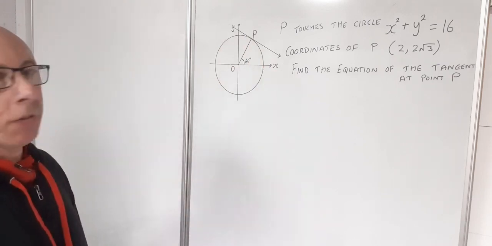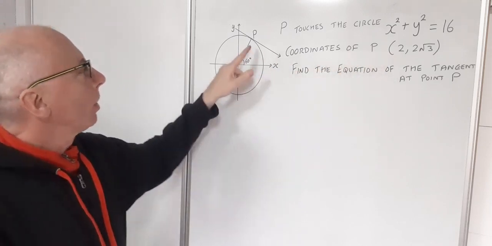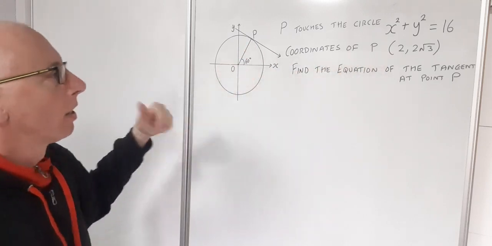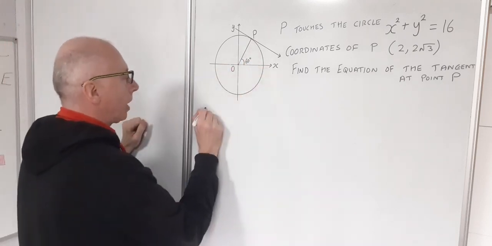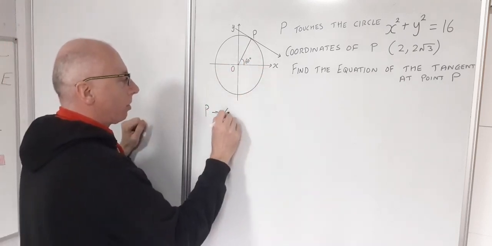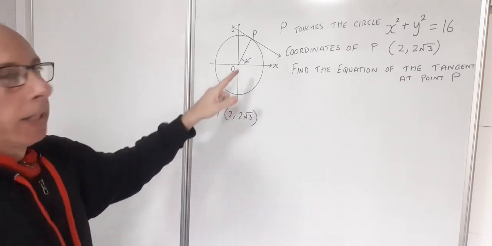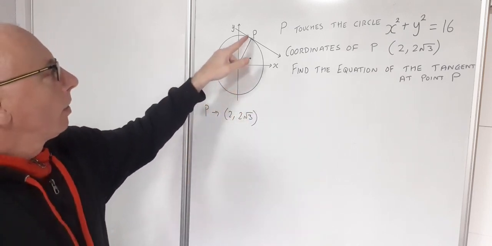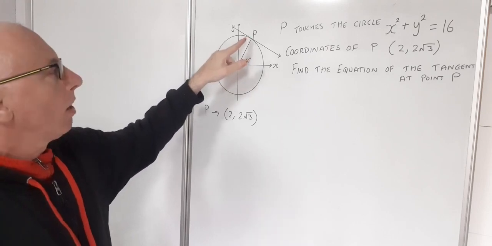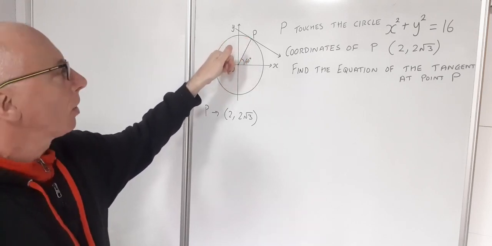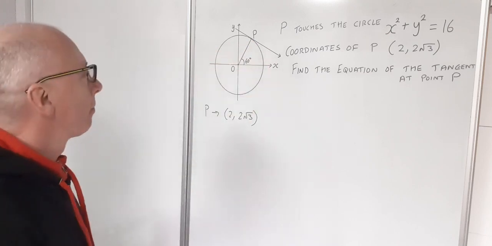Well, first of all, we know our x coordinate at this point here is 2 and 2 root 3. So point P is at (2, 2 root 3). So if we can find the formula for this straight line, we can then find the negative reciprocal to find the gradient of the tangent.